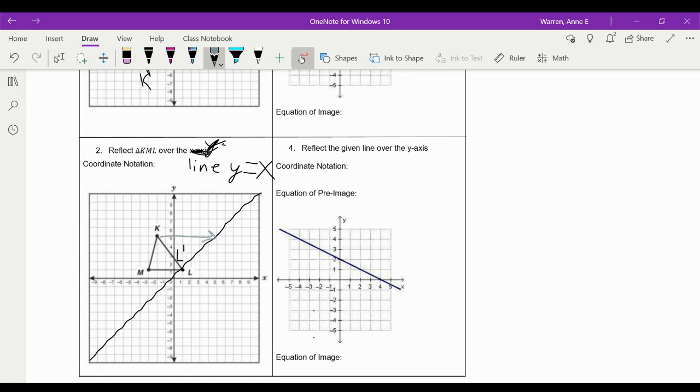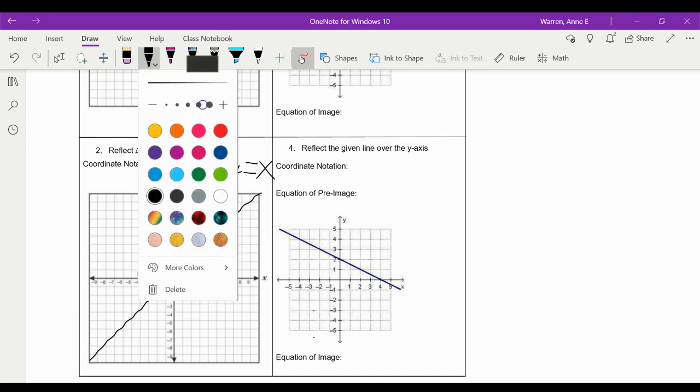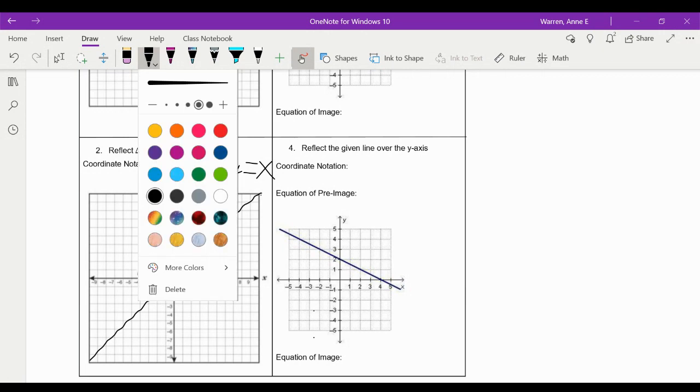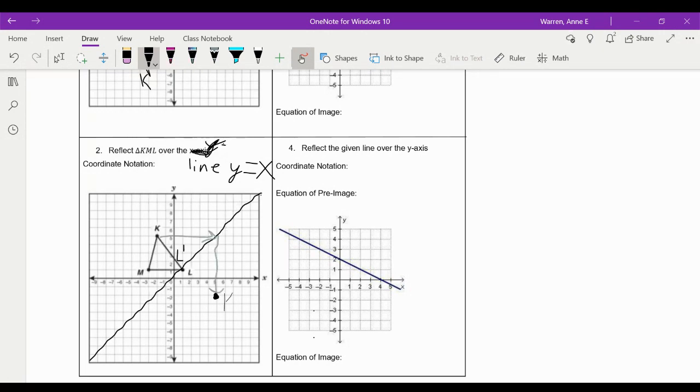So now, because I had to count 7 units over to find where K is reflected over this line, I can go 7 units down. So if I draw this 7 units below, that will actually find where the point on my image is. So that is where I have K prime.